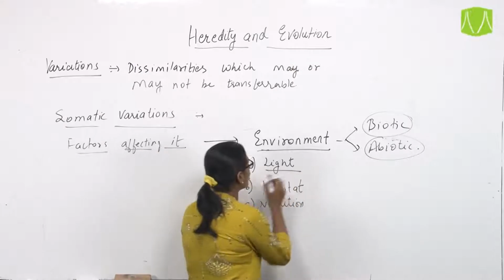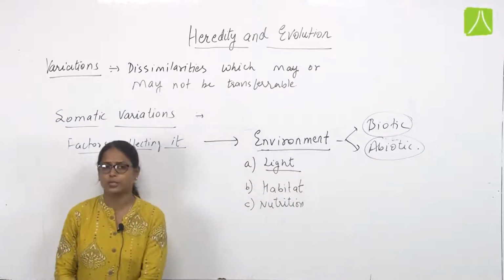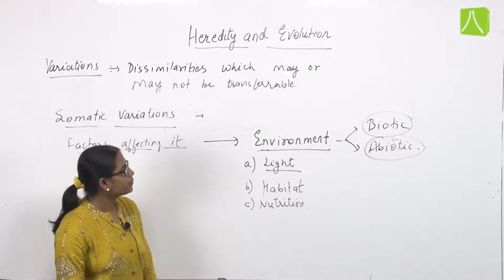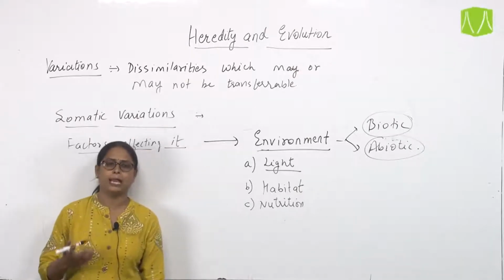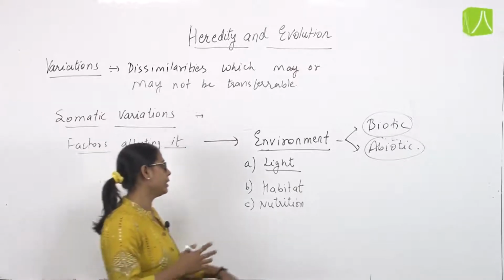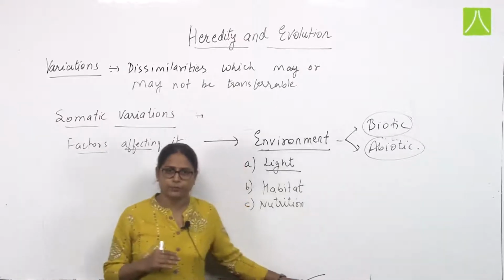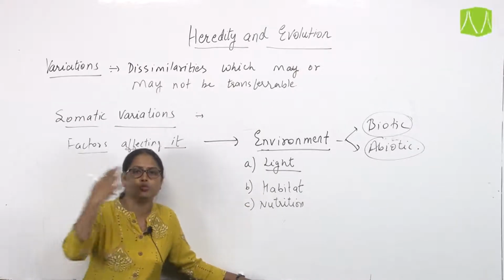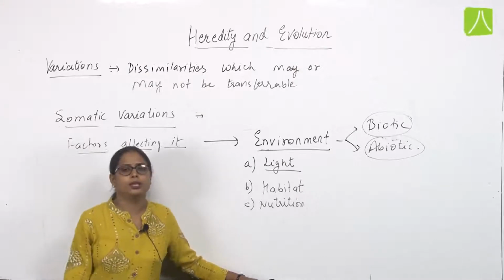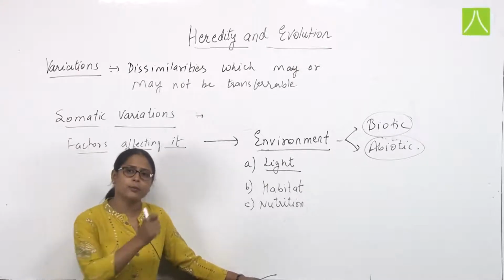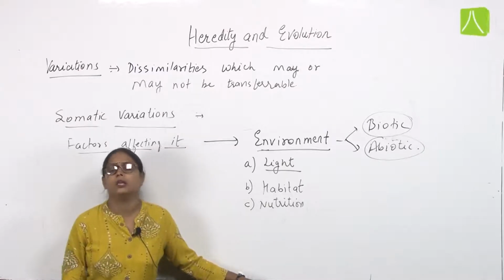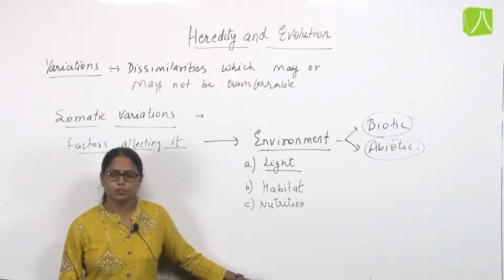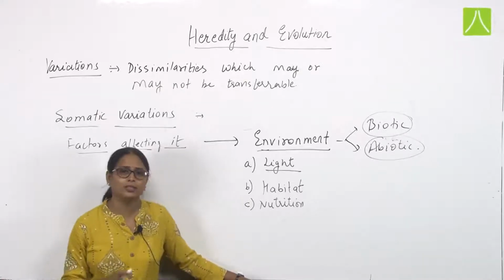Now if we talk about light, light is a very good factor which definitely causes variation. For example, if a person or a particular organism or species is living under the sunlight, like we human beings, when our body is exposed to more sunlight, the melanin pigment present in our skin cell gets more activated and is spread in the presence of sunlight, and it causes the darkness of the skin.